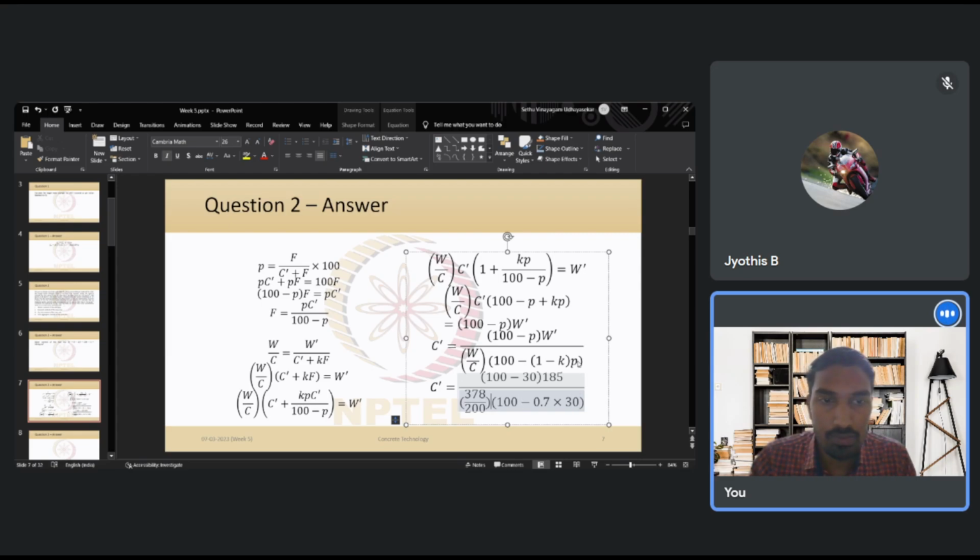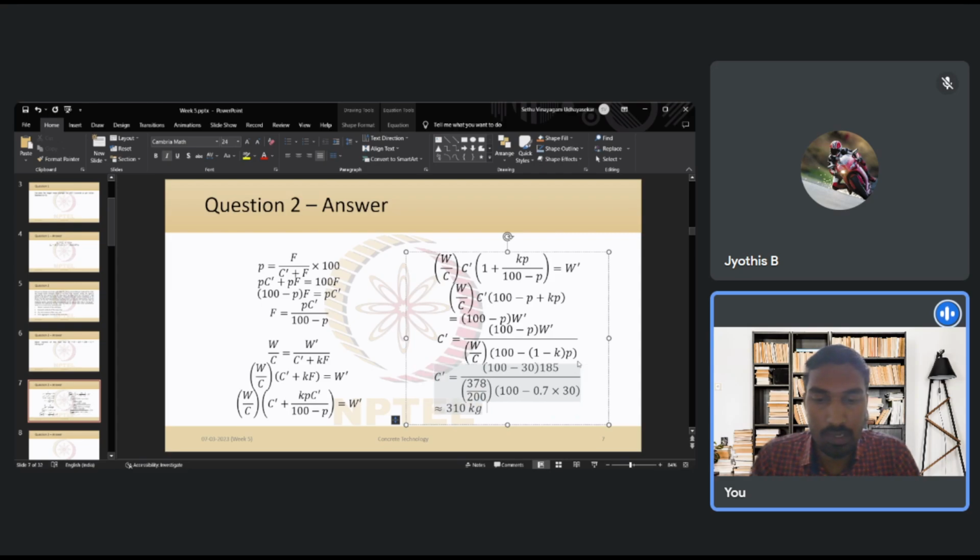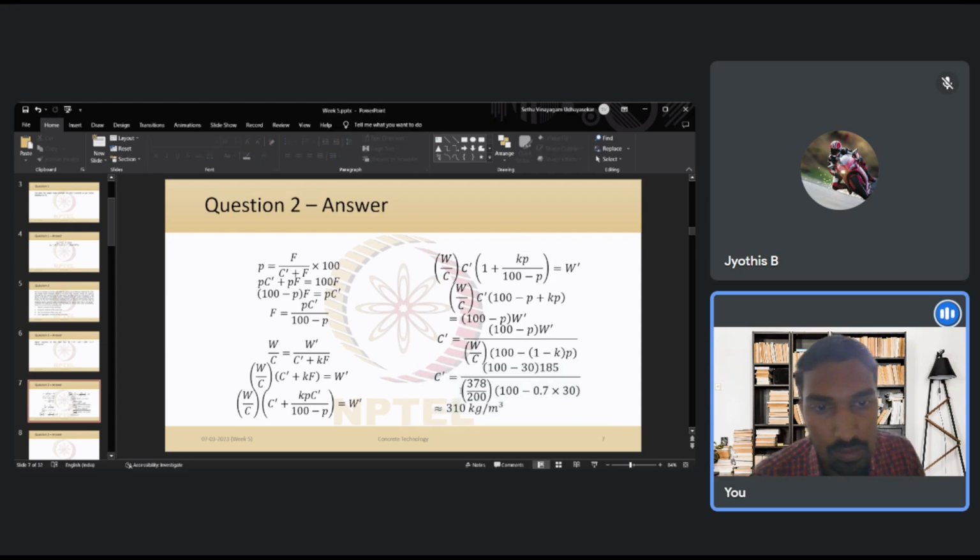Right, so if you simplify this, you will find out what the new cement content is. That will come out to be approximately 310 kilograms per meter cube. So that's how we find the new cement content.